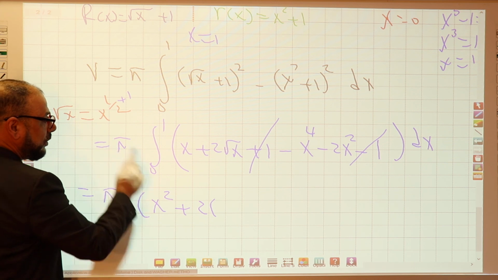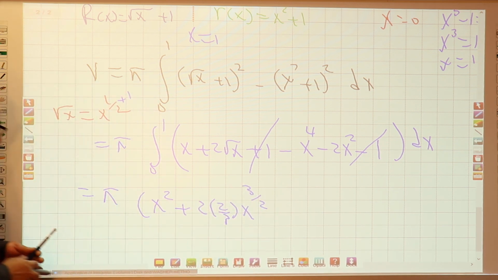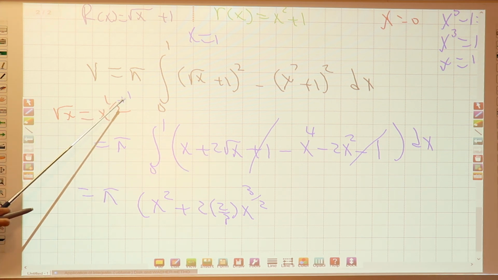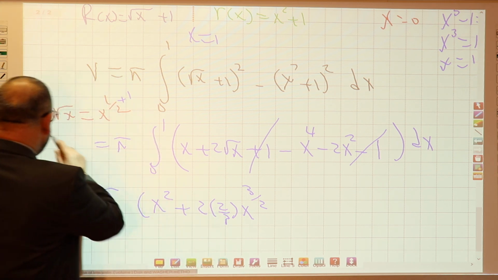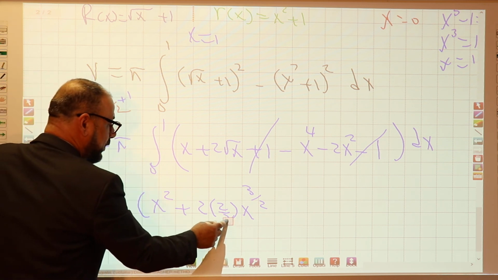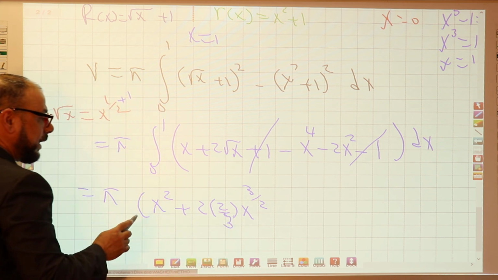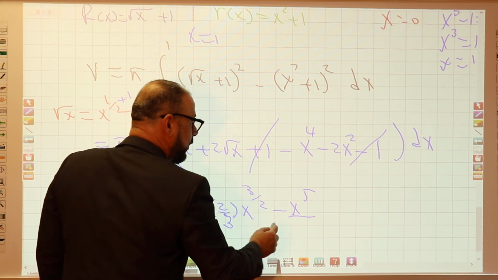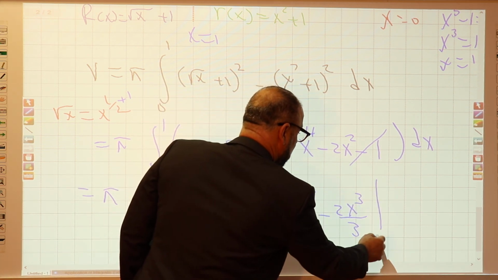For 1 half plus 1, which is 3 half, if you divide it, it becomes 2 over 3. Then minus x to the 5 over 5 minus 2x cubed over 3, from 0 to 1.